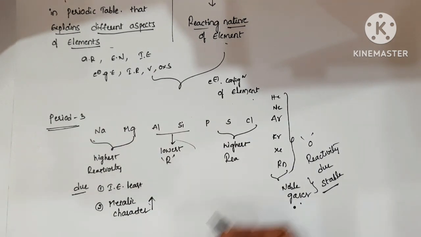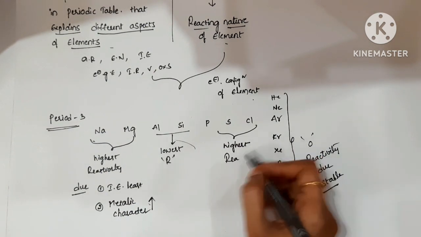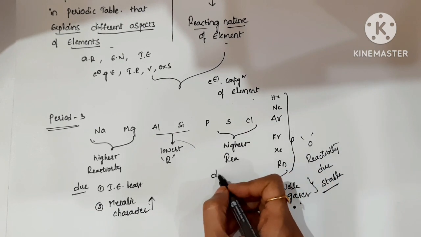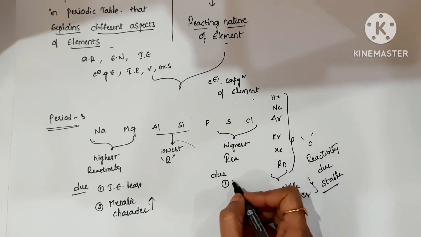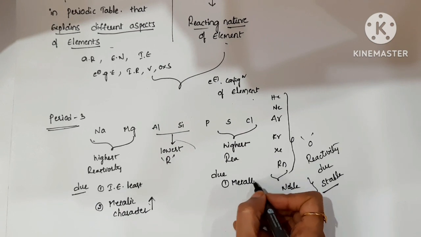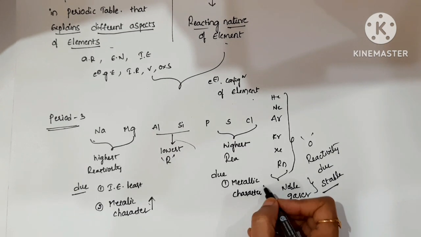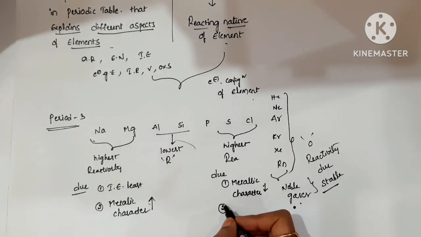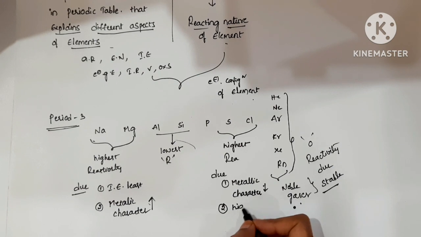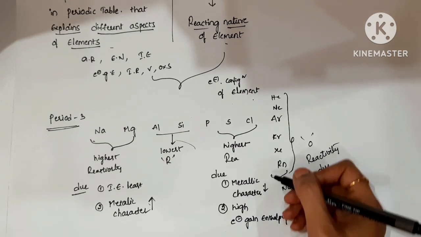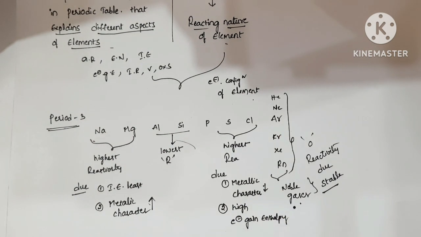On the right, the highest reactivity is due to metallic character decreasing, and the second reason is high electron gain enthalpy. These are the reasons for high reactivity.